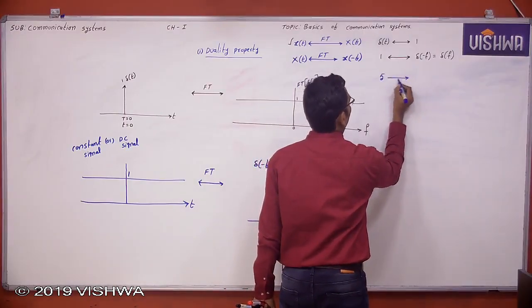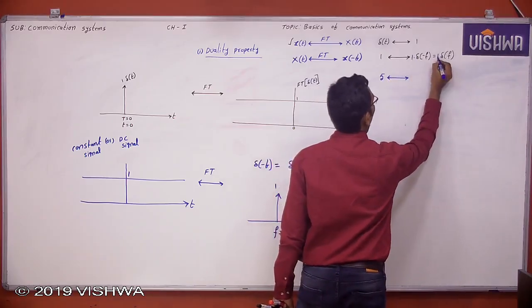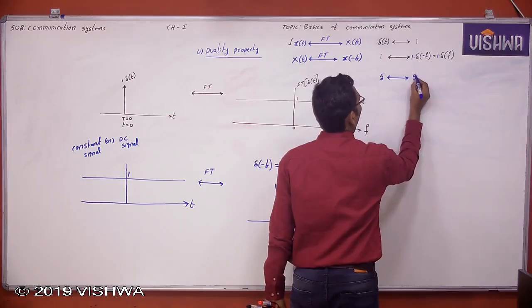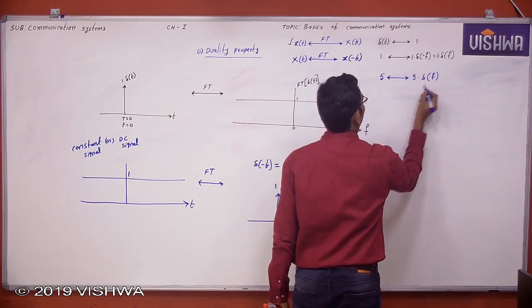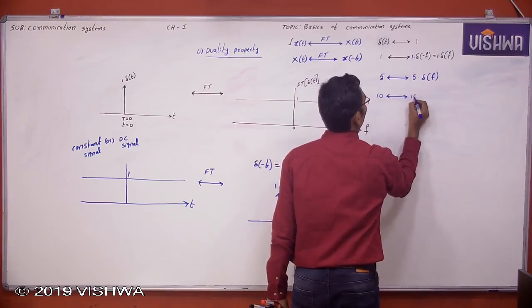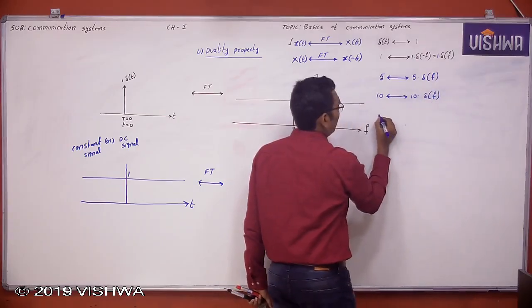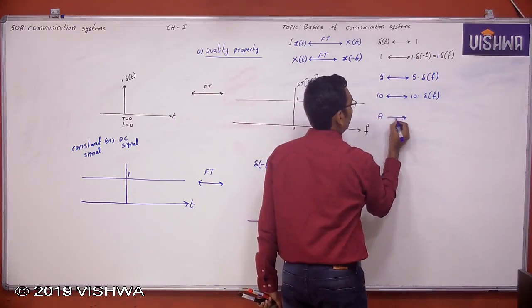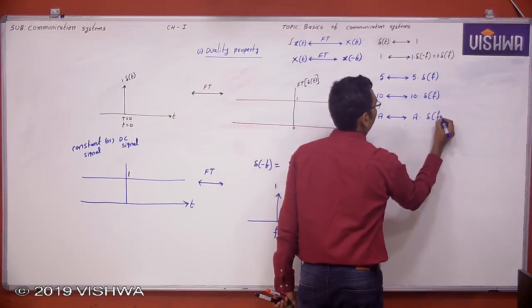Very simple. This is 5 into delta of minus f, meaning delta of f. Now 10's Fourier transform is 10 into delta of f. A DC signal of A volts has Fourier transform A into delta of f.